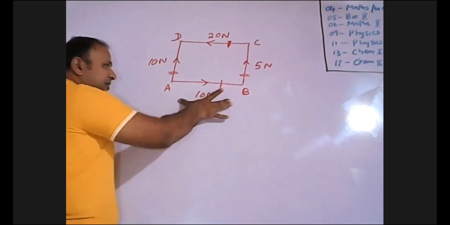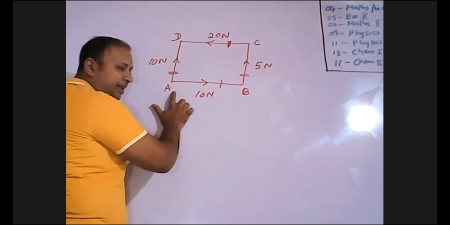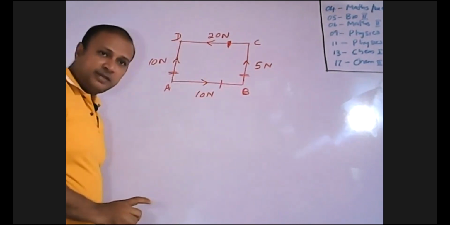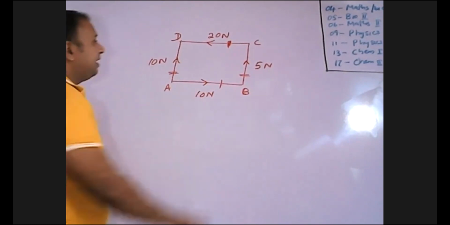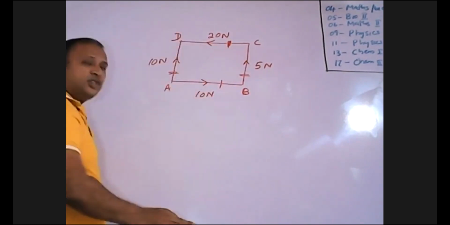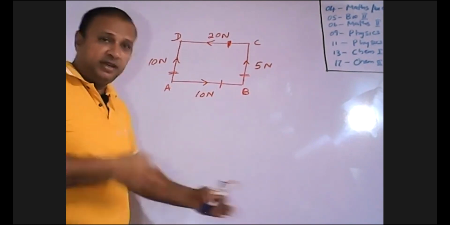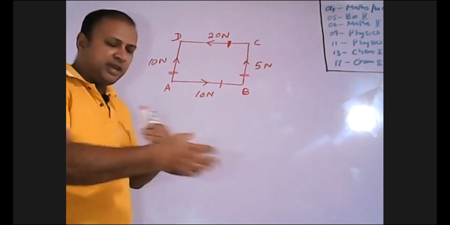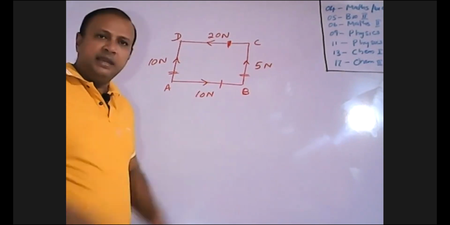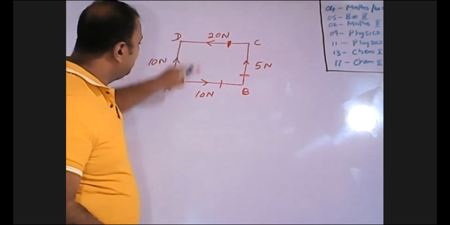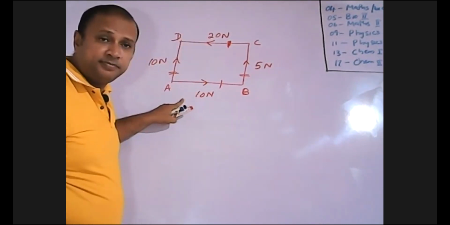Therefore, if the length AB represents a 10 Newton force, that means the length CD should also represent a 10 Newton force in magnitude. Direction can be opposite or the same. It can vary, but the magnitude should be equal on opposite sides.